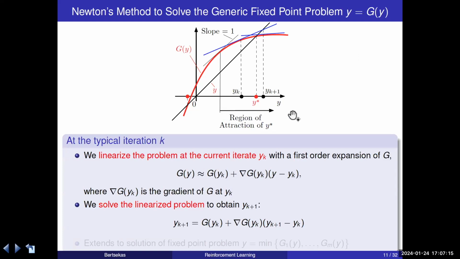And there's a certain region that is the region of attraction of a particular solution, where if you start Newton's method within this region, then you eventually converge, and you eventually converge very fast. On the other hand, if you start away from this region of attraction, then you have a problem in that you may diverge. So that's the general intuition behind the region of attraction, the convergence, and the operation of Newton's method.